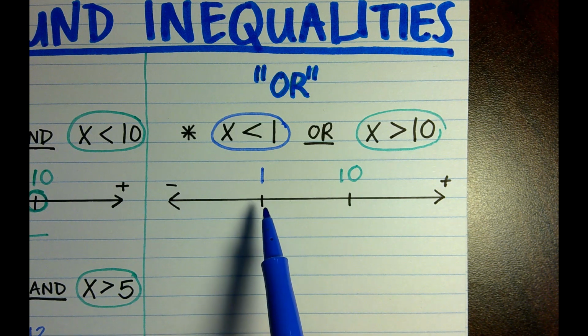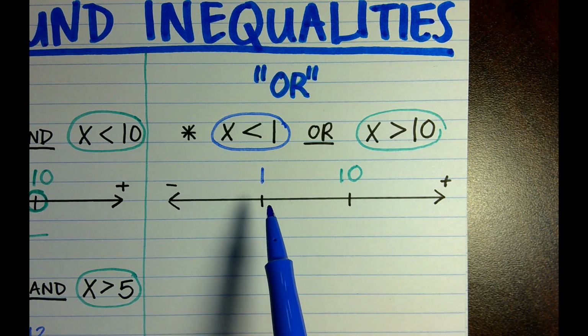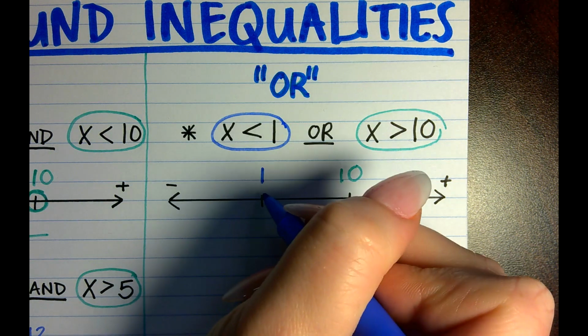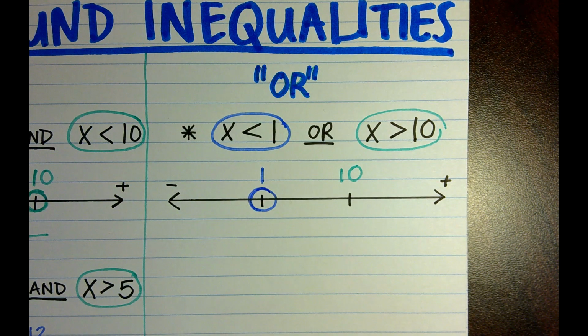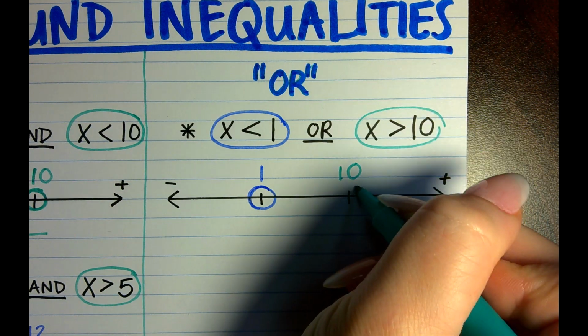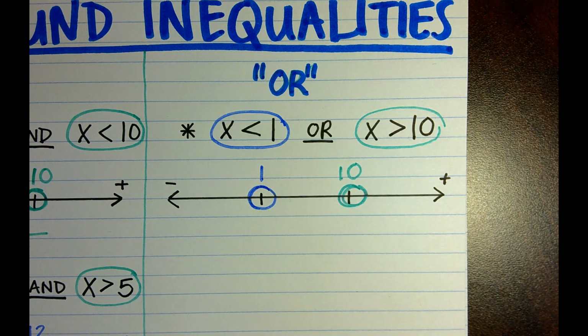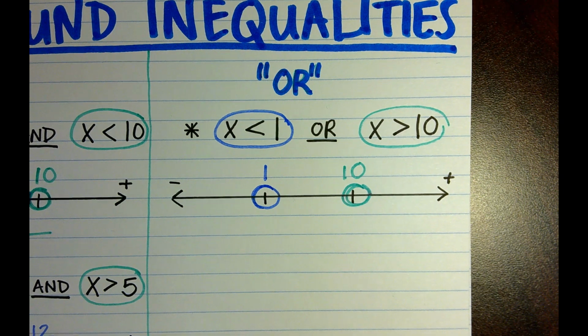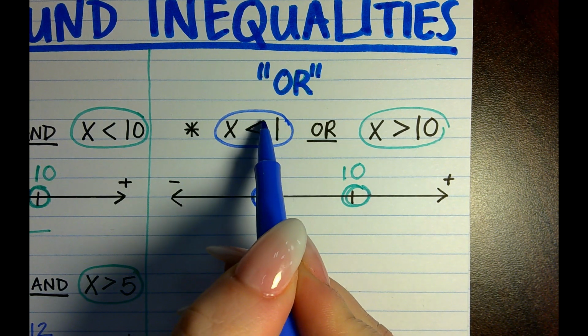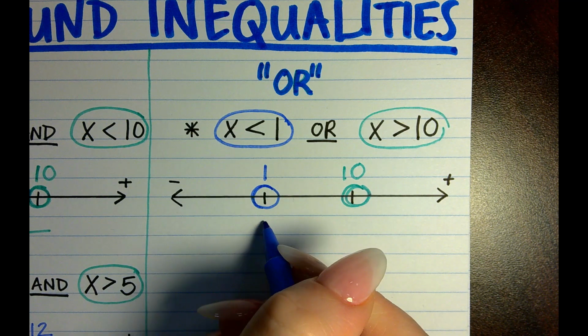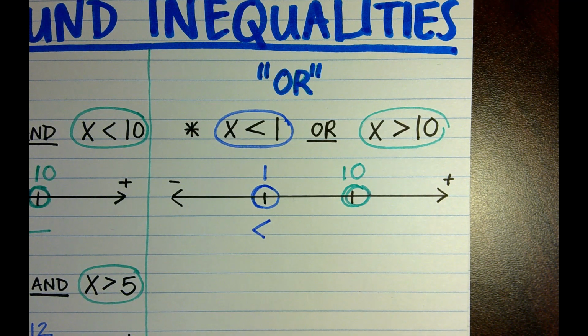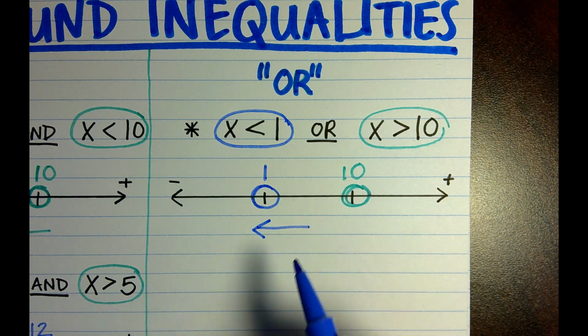Now for the tick mark under 1, will my circle be open or closed? Open. Open, good. How about for 10? Open. Also open. Beautiful. So now we're going to look at our symbols. X is less than 1. My less than symbol points left.